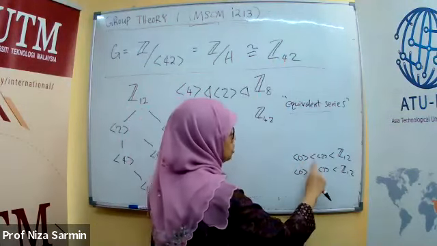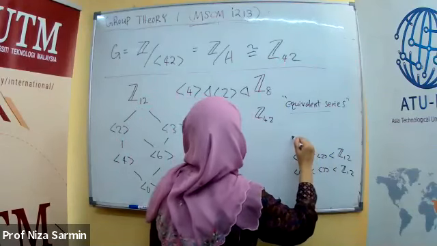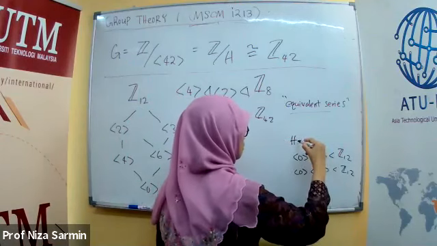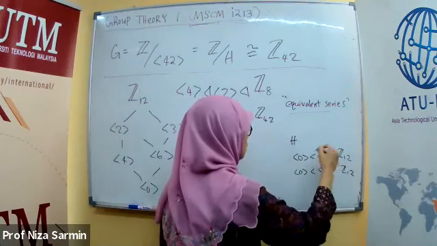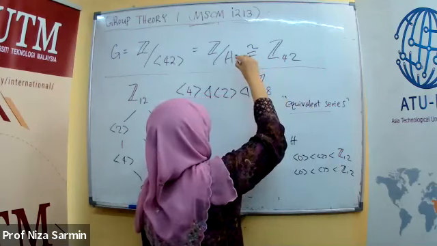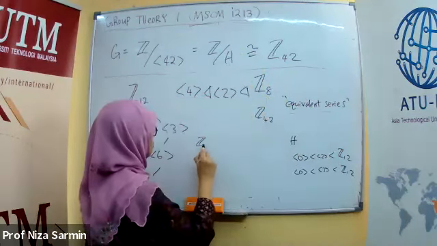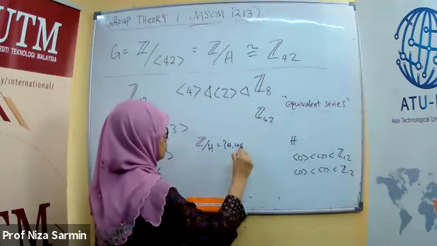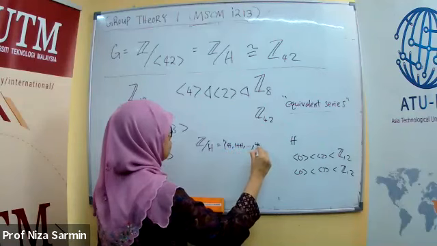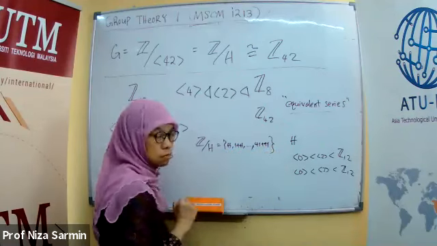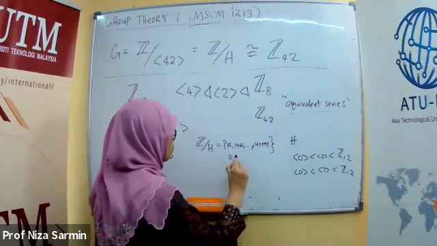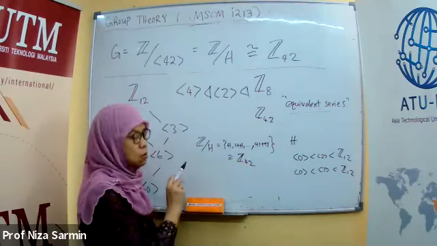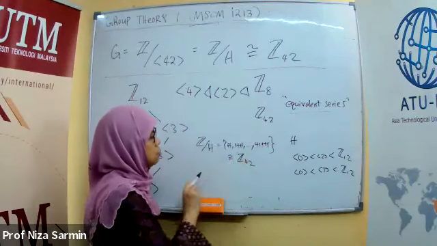So the original one is something in the form of H, the elements in the factor group: H, 1 plus H, until 42 plus H. So this is the one isomorphic to Z42. So the original one is in the form of this, isomorphic to this.